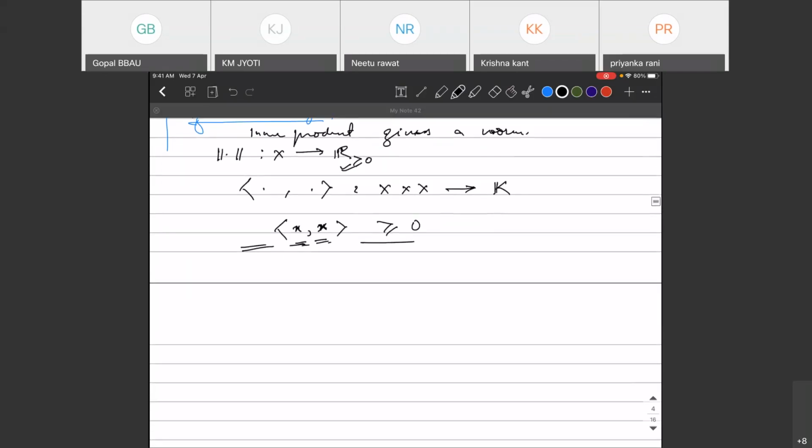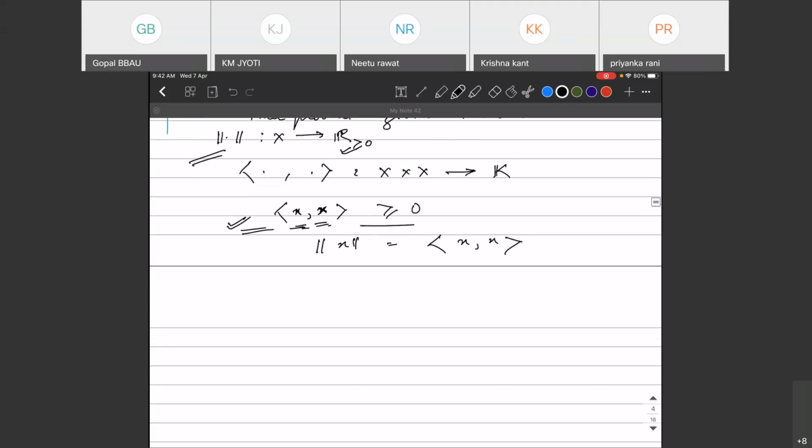So it is a very ideal candidate for this function. So let's see whether we can define this or not.